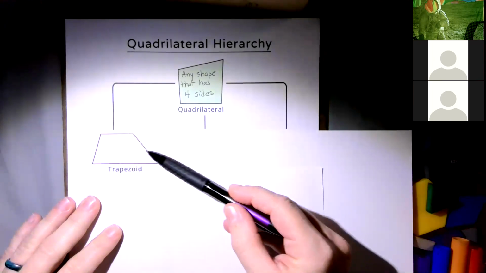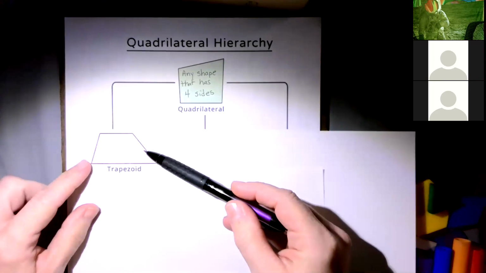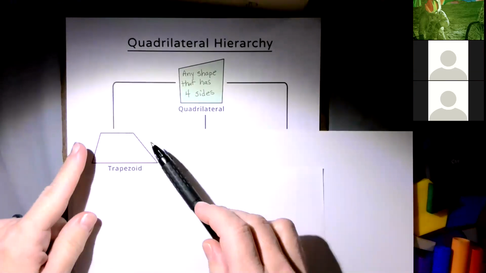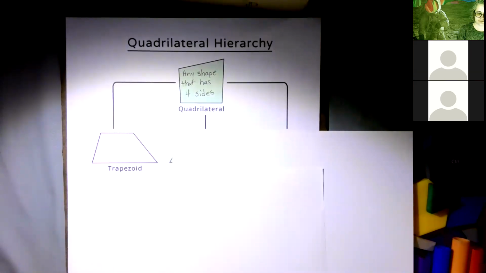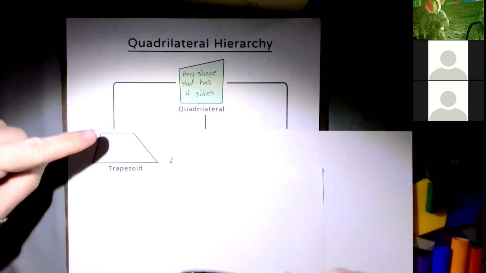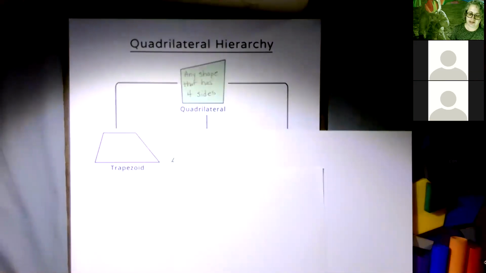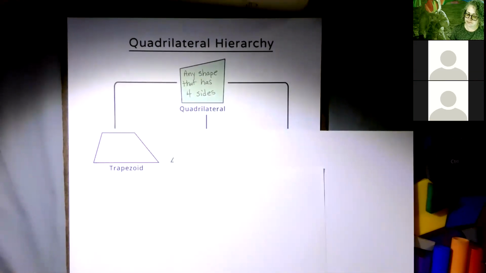If this one kept on going and this one kept on going, the opposites of the right and left, would they, if they kept on going, would they cross over? Yes. So they're not parallel. But what about the top and the bottom? What could you say about them? They're parallel.